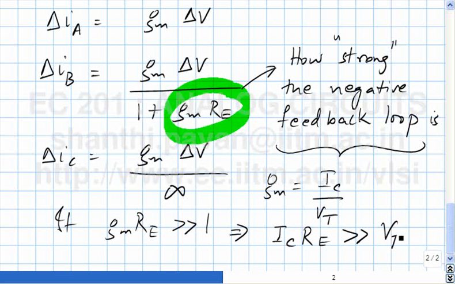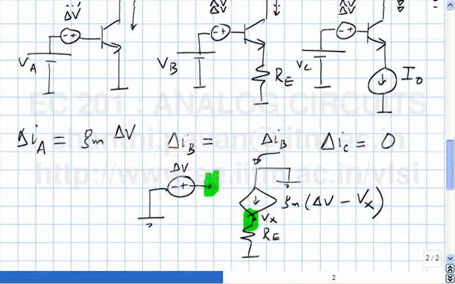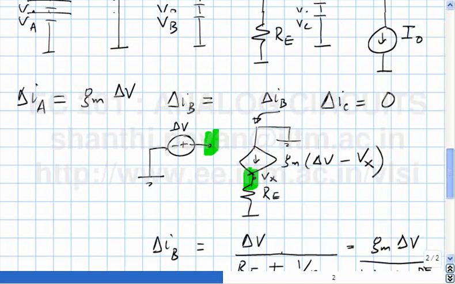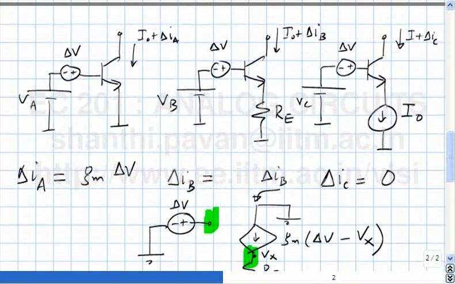You understand? In other words, in English, what does this mean? What is IC times RE? It is the drop across the emitter resistor.